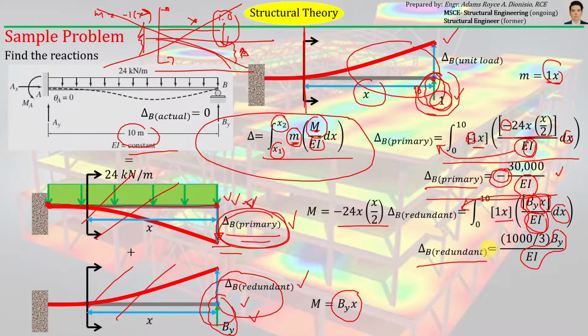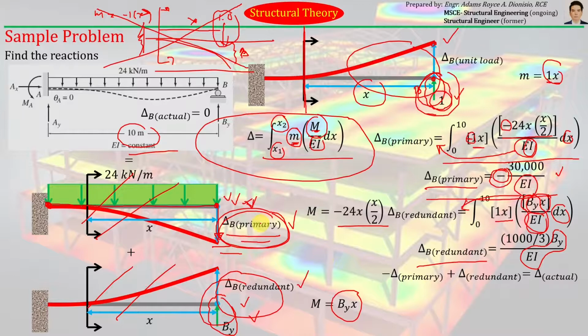Okay, since we already computed the value of delta B primary and delta B redundant, it's now time to go back to our original equation, wherein we said that the sum of the deflection from the primary structure and the deflection from the structure loaded by the redundant force must be equal to the actual deflection.